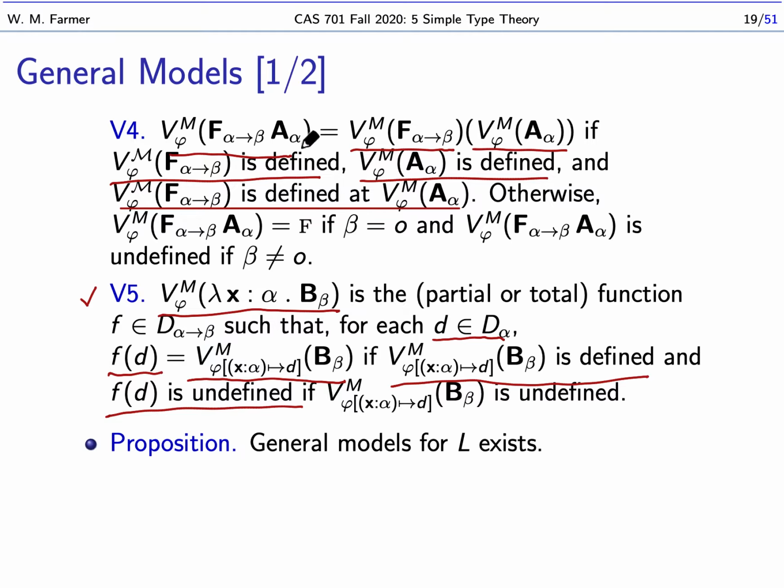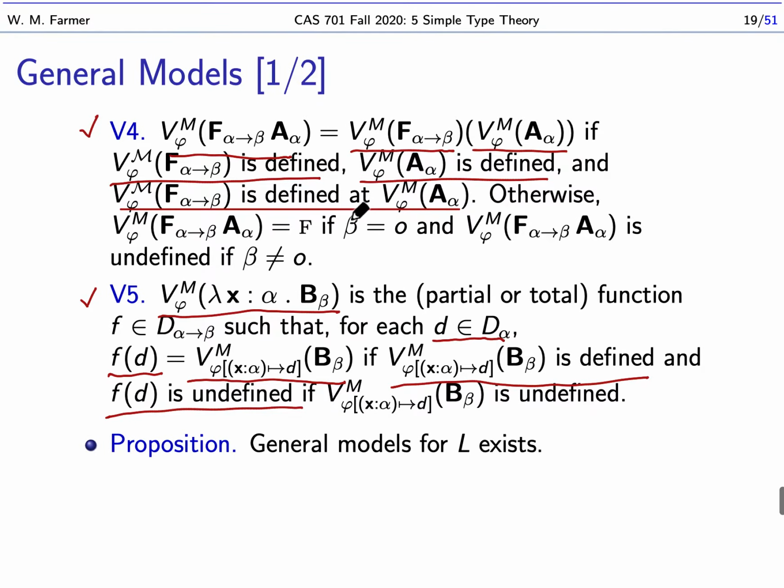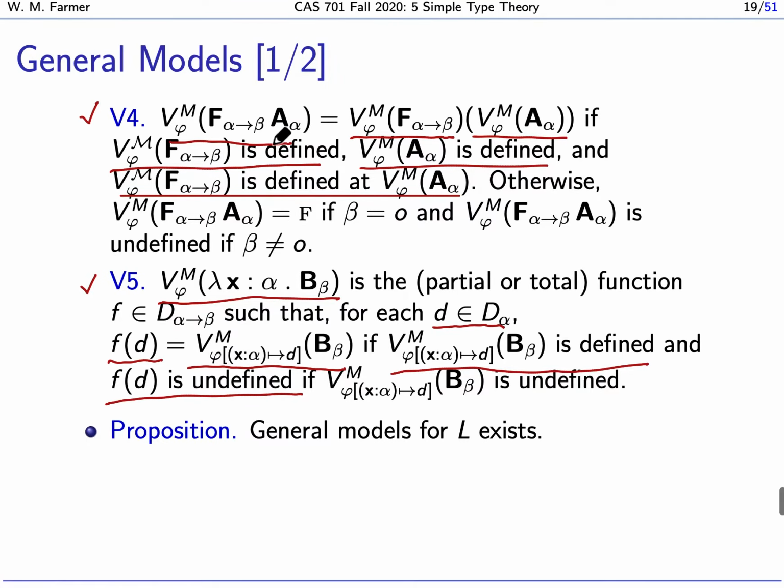The only place where we can have values that are undefined is here. And it can occur if f is undefined, a is undefined, or f is not defined at a. And so this is why the valuation function is partial. In terms of function applications, the valuation function may not give any value at all.